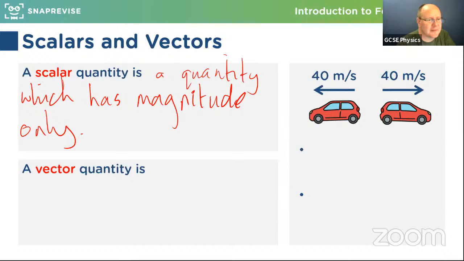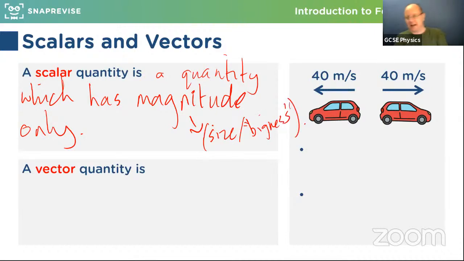This word magnitude, it kind of means size. It has a number, it has a bigness, which isn't really a proper word, but you know what I mean. It has a size, just a magnitude, it doesn't have any direction. Whereas, as all of you are jumping ahead and saying, it's brilliant. So vector is a quantity with both magnitude and direction.